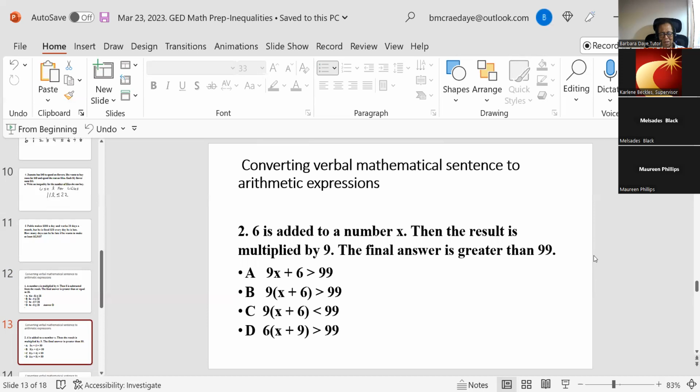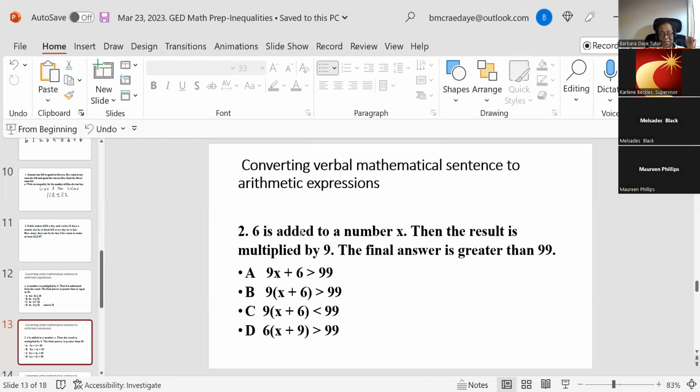The answer is what? D. It says 6 is added to a number, not 9. Maureen, that's 9 added to a number multiplied by 6. Isn't that 9 added to a number?